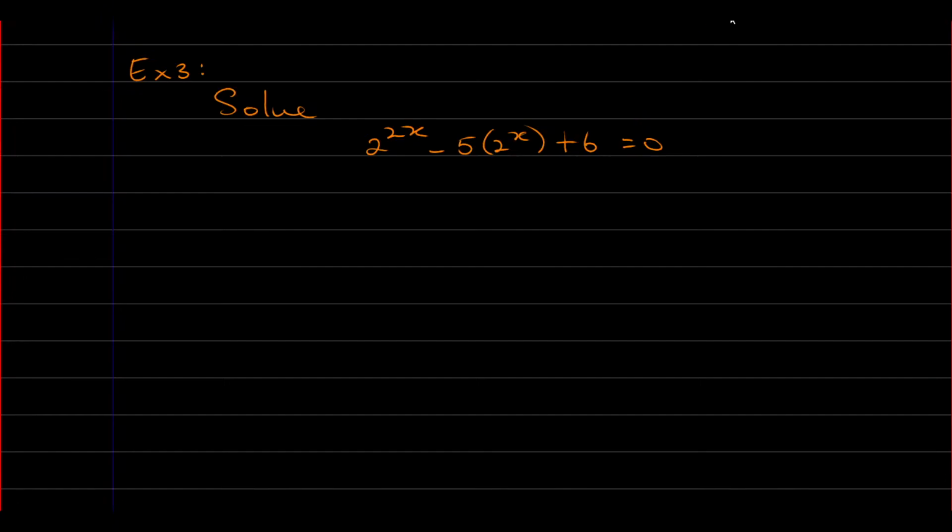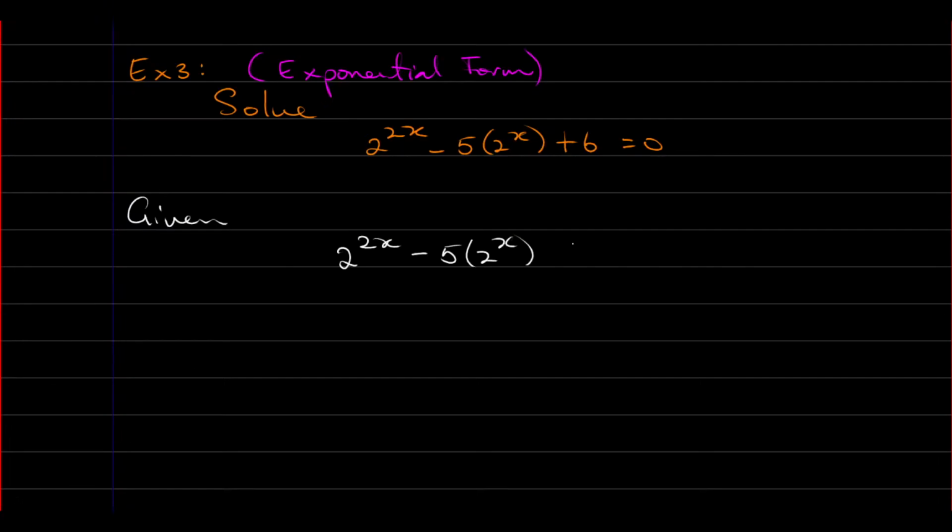And with that, I say that this one here is best to call exponential form. Right? And given 2 to the power of 2x minus 5 into 2 to the power of x plus 6 equals 0.